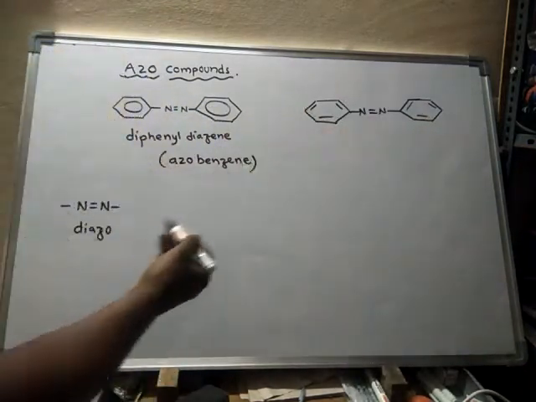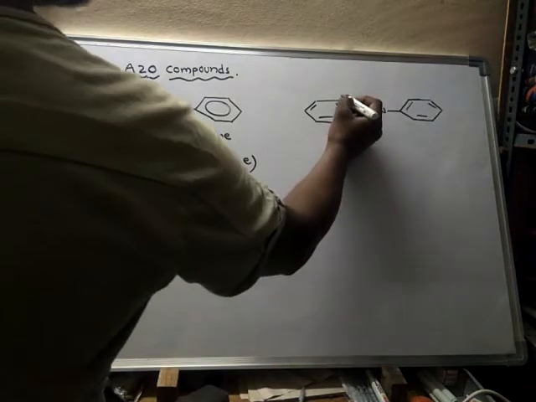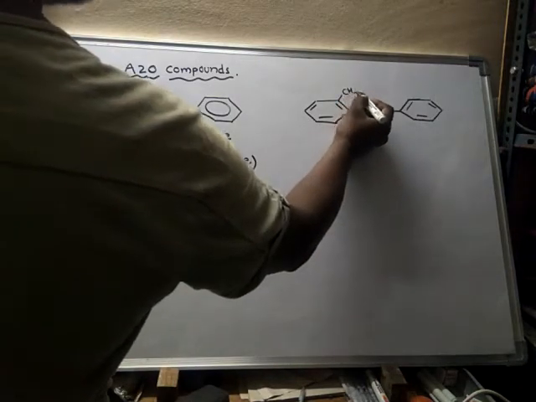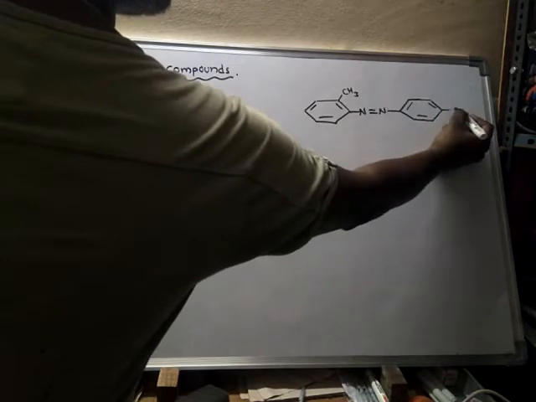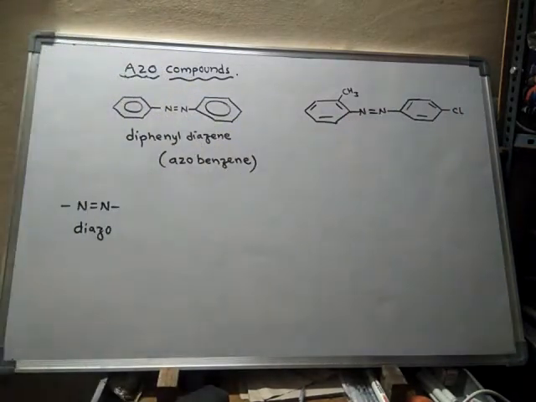Okay, suppose it is like this. If the compound is like this, then what is the name of this one?